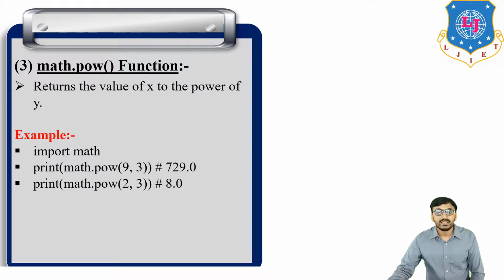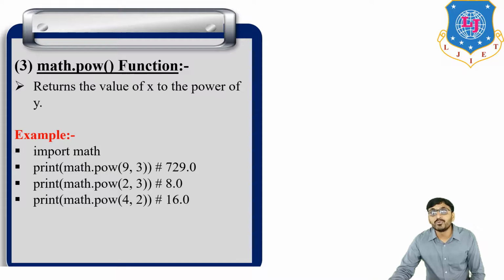Then print math.pow(2, 3). It means 2 raised to 3, 2 into 2 into 2, that is 8, but the answer is 8.0. Then print math.pow(4, 2). It means 4 into 4, 4 squared, so the answer is 16, but we get 16.0, the answer as a float value. Now this same program we run in PyCharm.